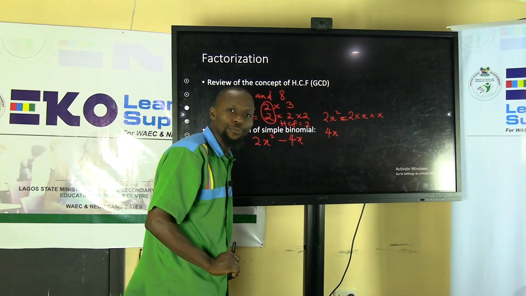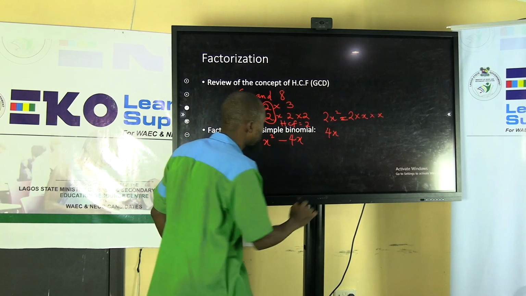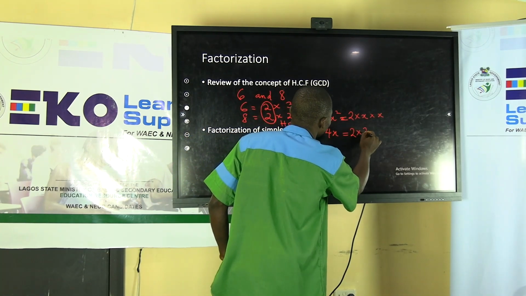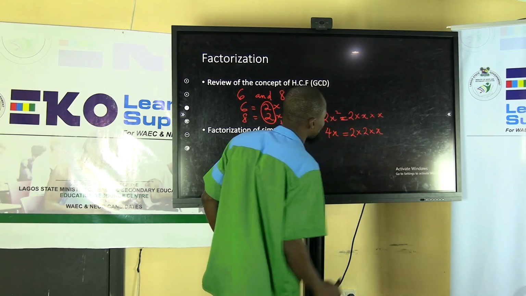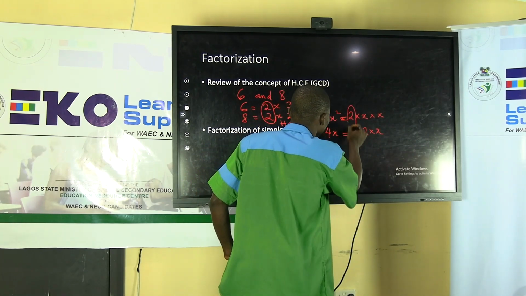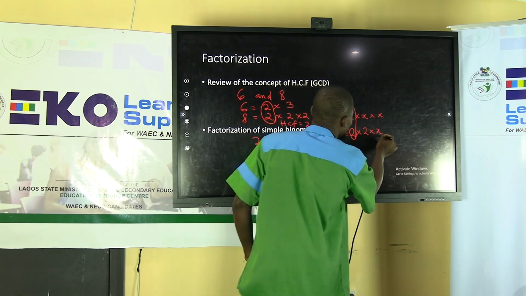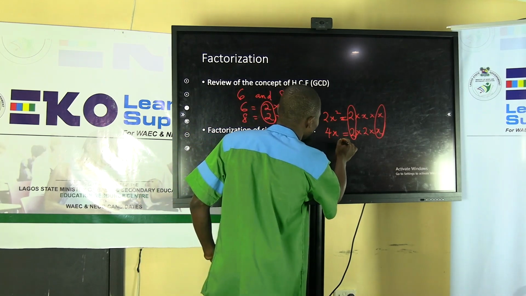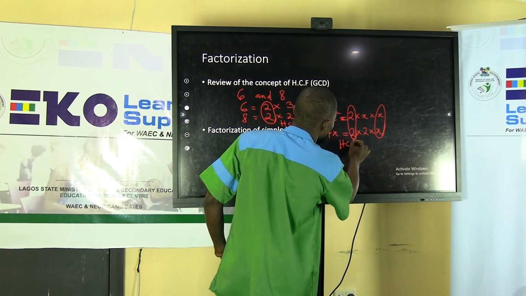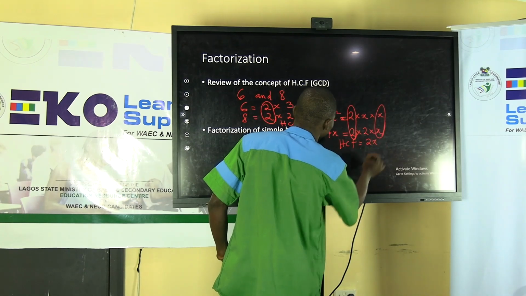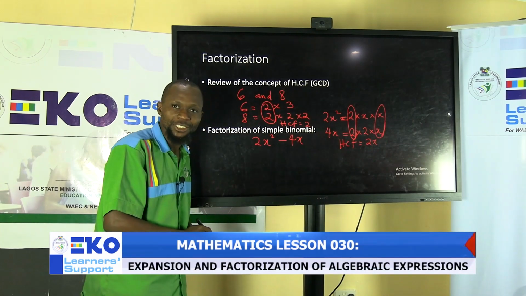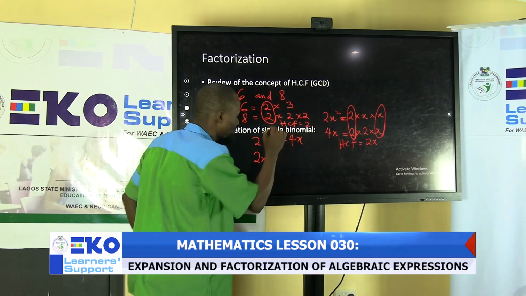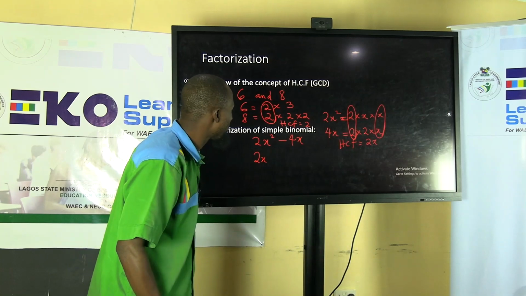We also express 4x as the product of its factors, that is 2 times 2 times x. Here 2 is common, x is common. So from there we can say that the HCF here is 2 multiplied by x, which is 2x. That's the highest common factor.